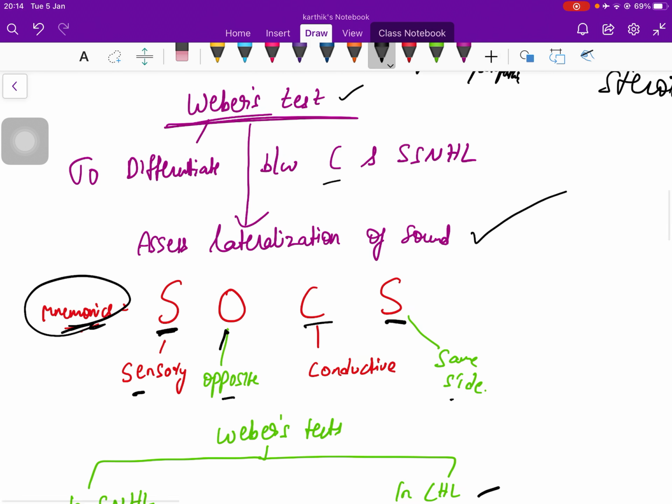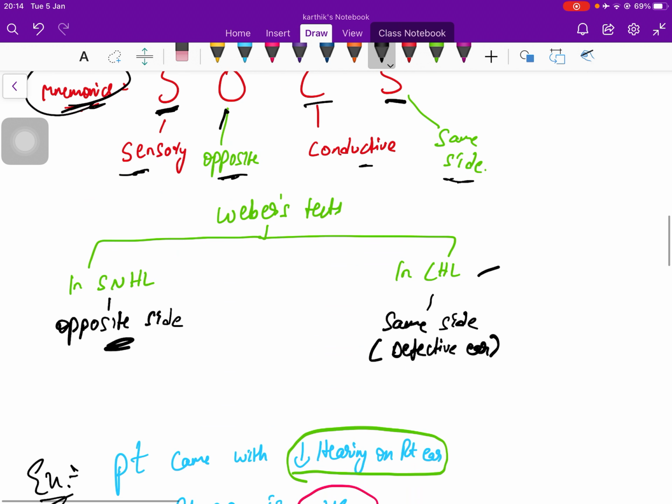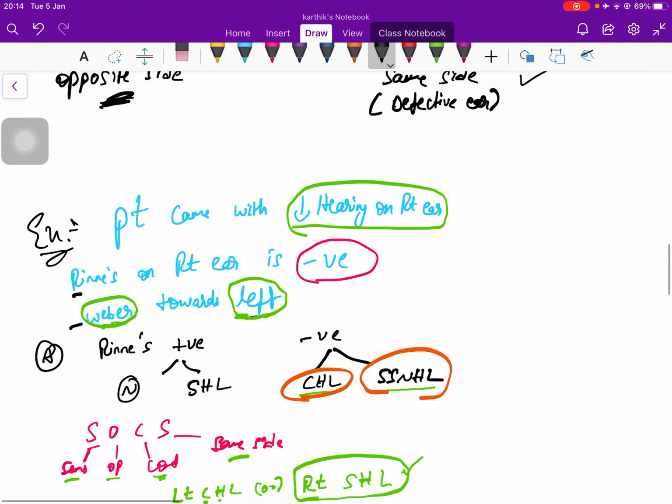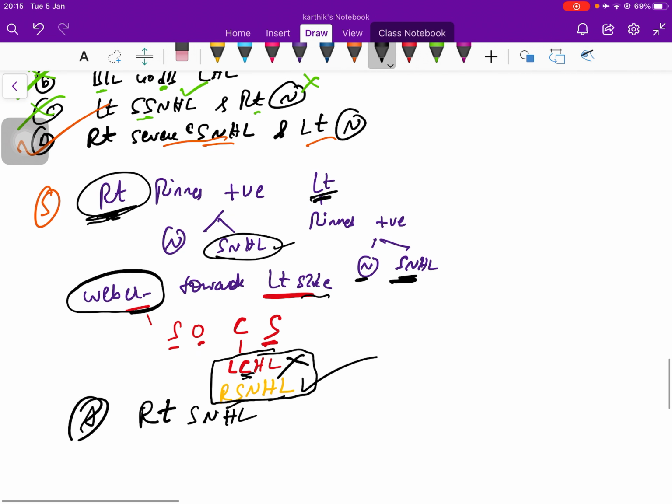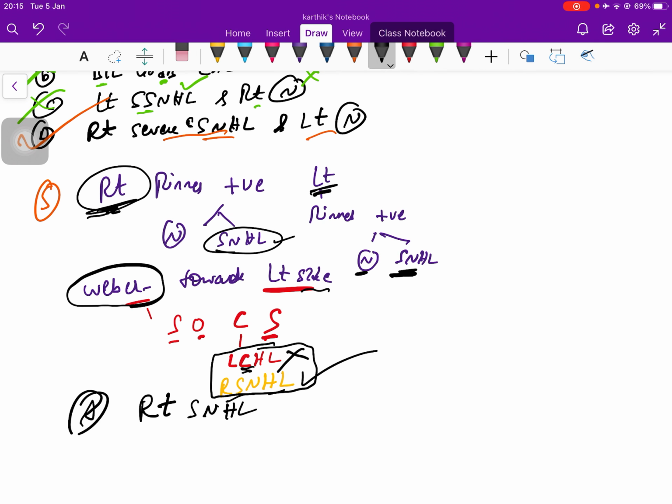Interpretation is by assessing the lateralization of sound. Just remember the mnemonic. For the sensory side, the sound will be heard on the opposite ear. For the conductive hearing loss, sound will be heard on the same side. Then it becomes easier for you. That's how you should interpret tuning fork tests.